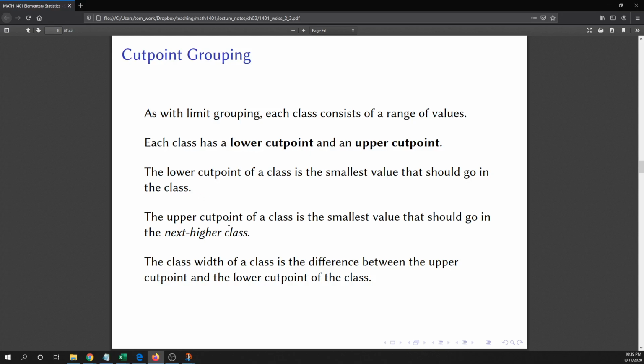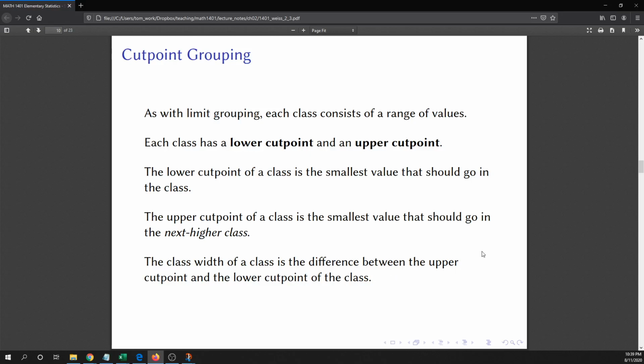And now the difference is here. The upper cut point of a class is the smallest value that should go in the next higher class. So that's where it's different from the previous type of grouping, from limit grouping. All right, and so the class width in this case is the difference between the upper cut point and the lower cut point of the class.